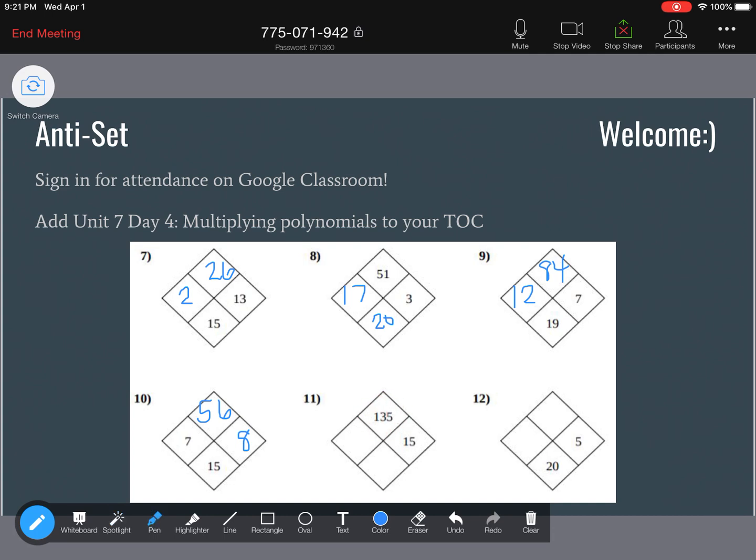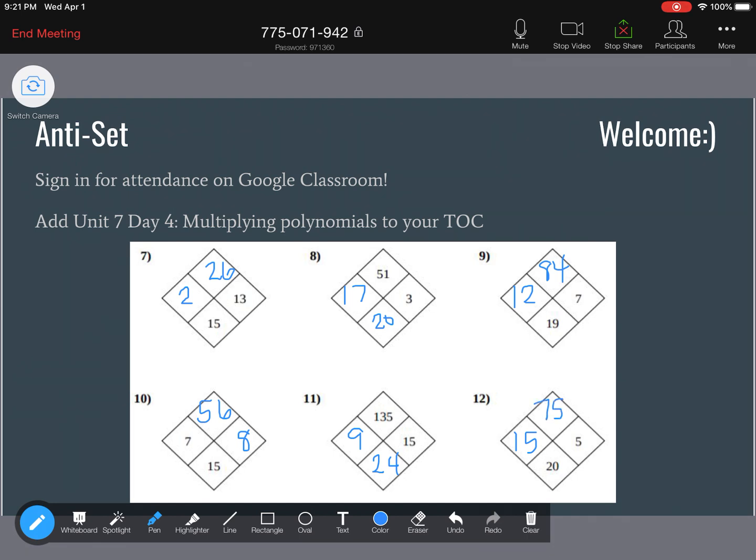So if we want to figure out the other number, we need to divide 135 by 15. We get 9. And then 9 plus 15 is 24. Last one. What number can we add to 5 to get 20? So 20 minus 5 is 15. And then 15 times 5 is 75.